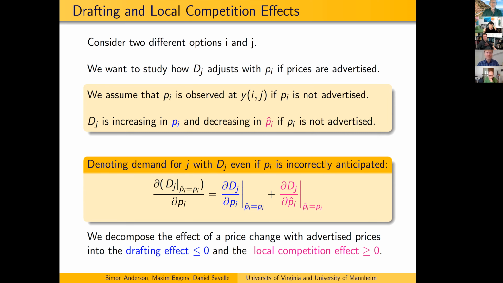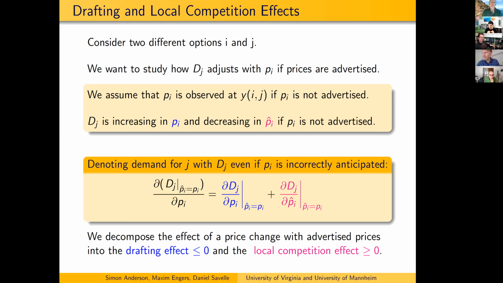I want to think about how the demand for j adjusts with the price of i if the price is advertised prior to search. So there's an adjustment on P_i, the consumer observes it. Now we're going to think about a hypothetical world, though, where they don't. And we're going to say that in this hypothetical world, they exactly observe it at the common ancestor. And the reason we're doing this is we want to isolate the changes in the shared scores from the changes in the non-shared scores and how those then propagate through to demand changes for j.